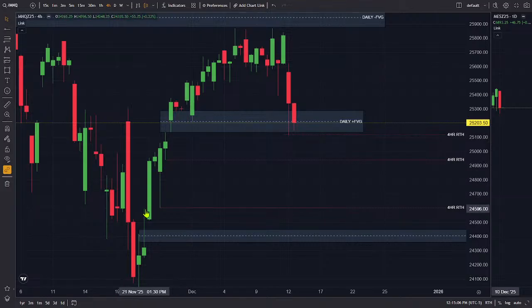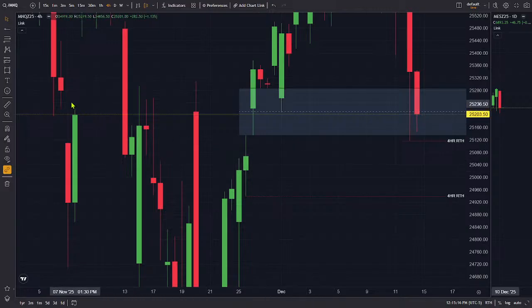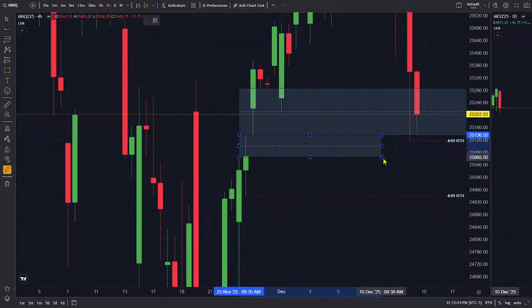Or that's a 4 hour fair value gap that has been respected. And that's our little gap. So that's interesting to me too. I'm going to mark it. I'll mark it with a different color. Could I go all the way to the top of the gap? I'll just put remaining.